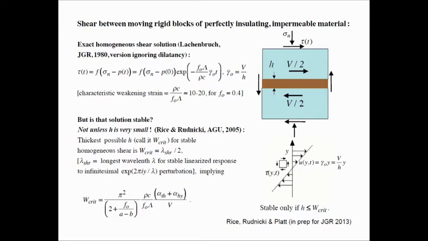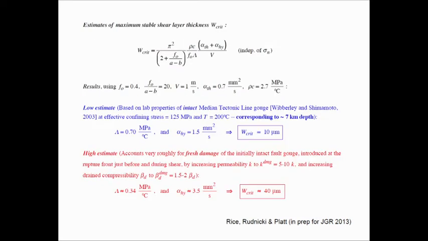Basically, it gets its physical dimensions from diffusivities divided by shearing velocity, which has units of length. So that's where the length comes from. This is non-dimensional, and so is this in front. So if the homogeneous shear is unstable, that suggests that it might localize into a narrow zone.